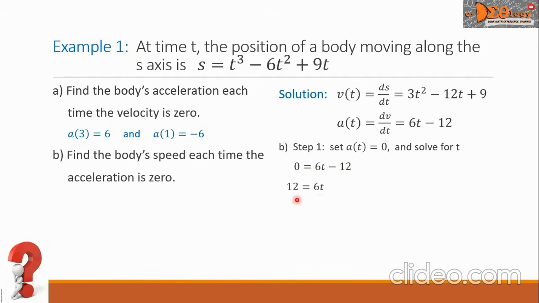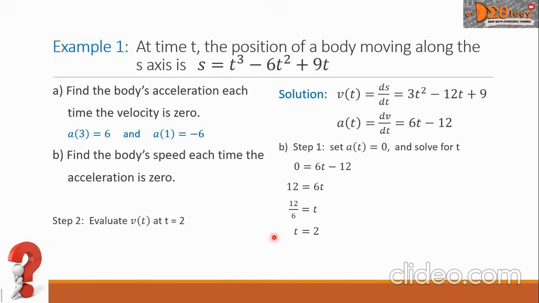So we have now 12 equals 6t. Isolating the t, let us divide both sides by 6. So we have 12 over 6 equals t. So the value of t equals 2. This is the value of t when acceleration is 0.